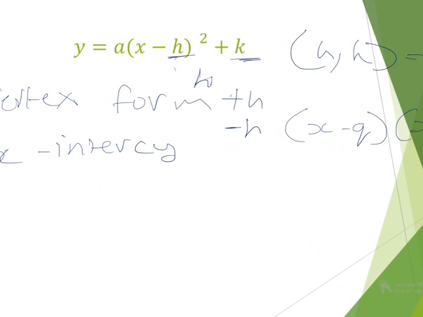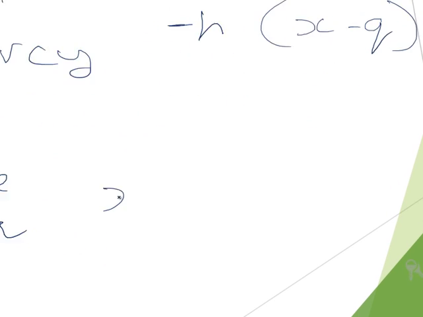Now, before we go on, there is the minimum value, which I mentioned before, and the maximum value. And then there is the axis of symmetry.